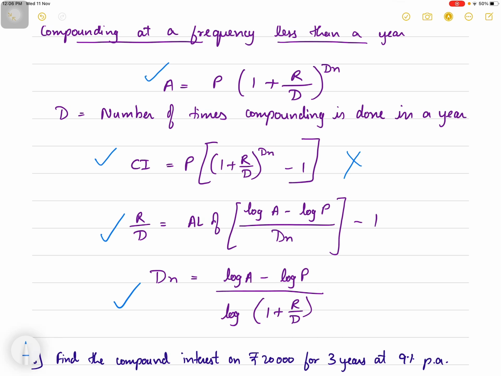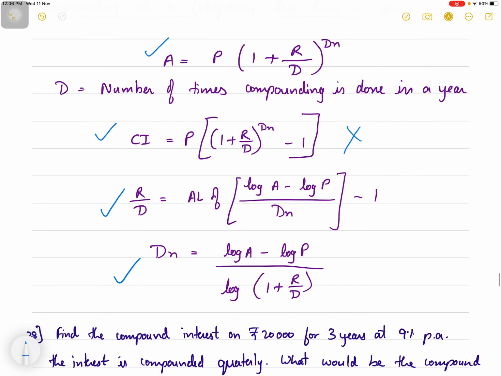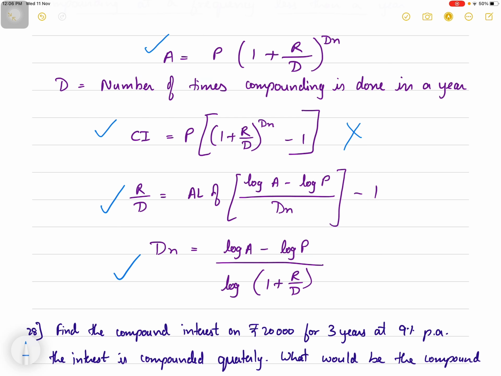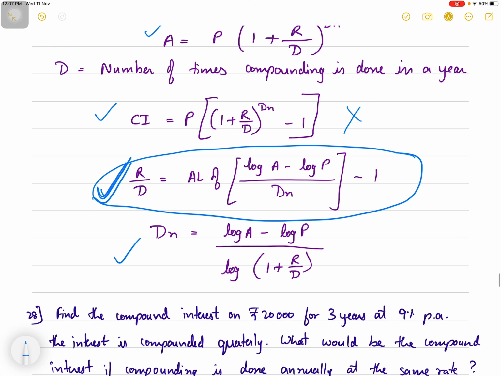For R, if you want to calculate R, then R upon D is antilog of (log A minus log P upon Dn) minus 1. So this is the formula for R, and this is the formula for n.